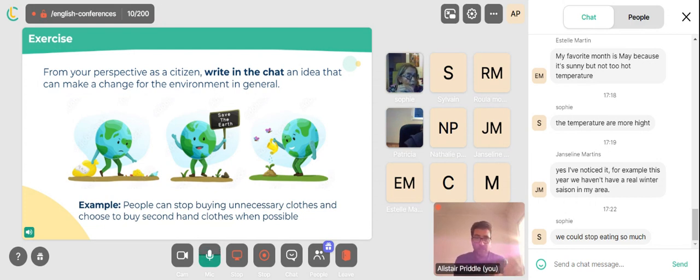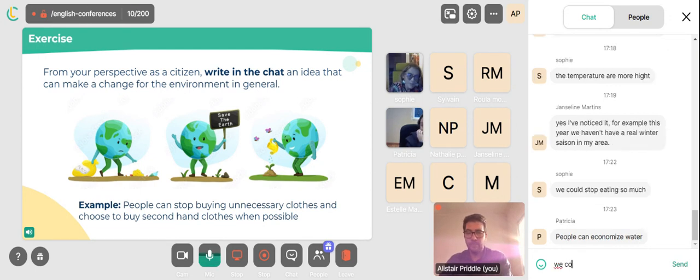Okay, well, we've got one straight away. We could stop eating so much meat, for example. Yeah, absolutely. So guys, if anyone else would like to add, okay, great, we've got another one.